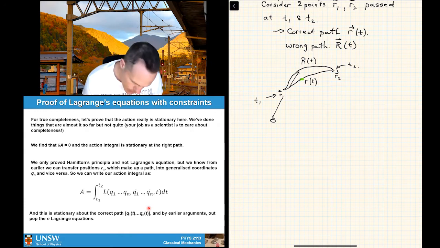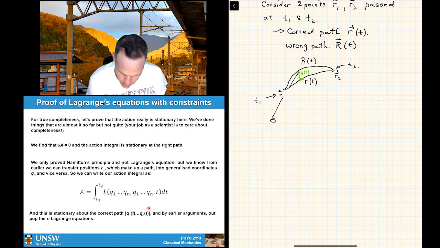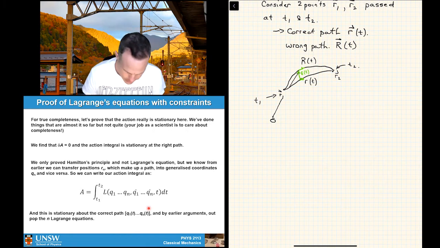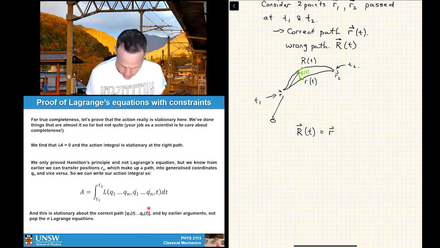We can add some vector to it, epsilon as a function of T, that would then give us our new R over the other side. So we can basically write something like R of t equals r of t plus epsilon of t.